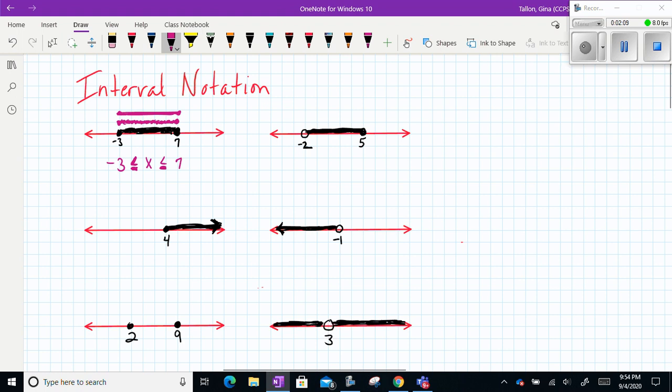Because I have a closed circle on the 7, I need an equal sign underneath the inequality so that it says less than or equal to. There's another way we can write this: -3, comma 7, using brackets. Brackets indicate a closed circle or an inclusive interval, inclusive meaning you are including the endpoints.